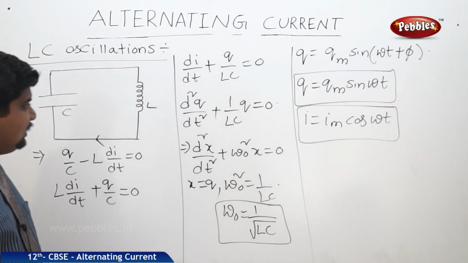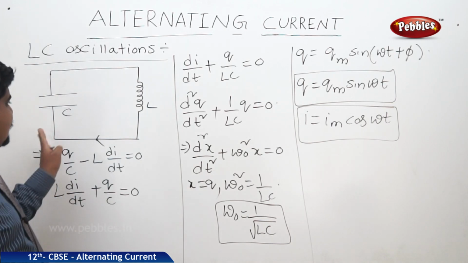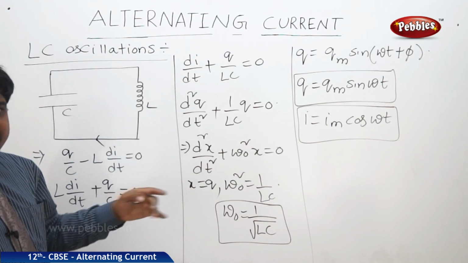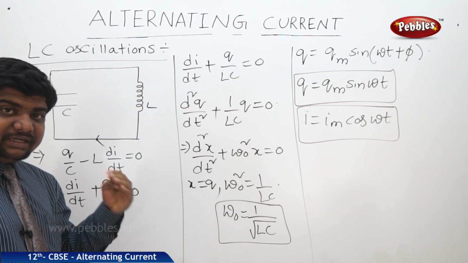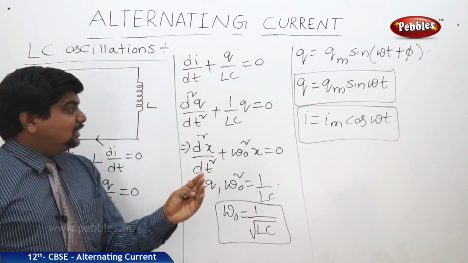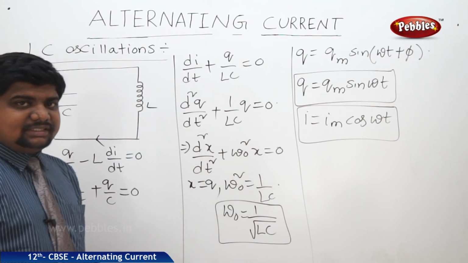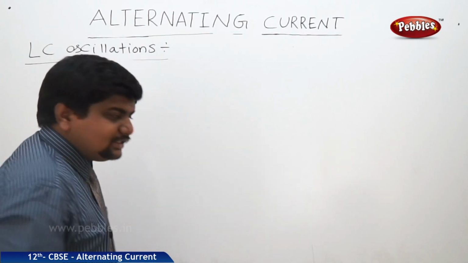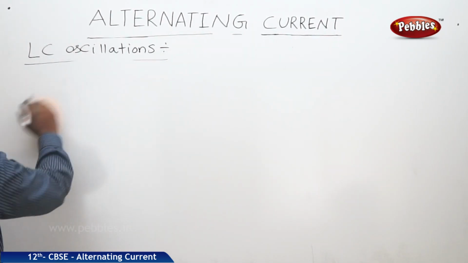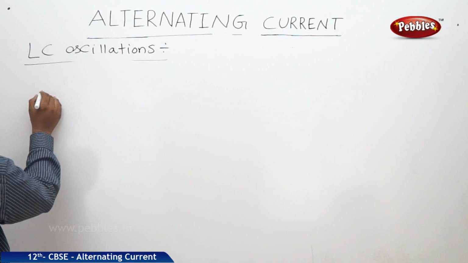Now, let us visualize how this charge transfers from a capacitor to the inductor with respect to the different time intervals and the energy stored in the capacitor. We are trying to visualize the charge in between C and L.